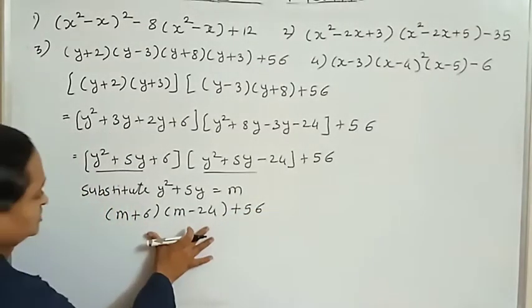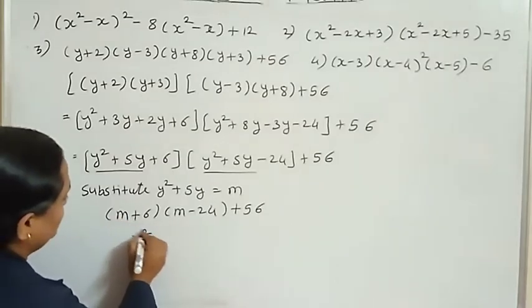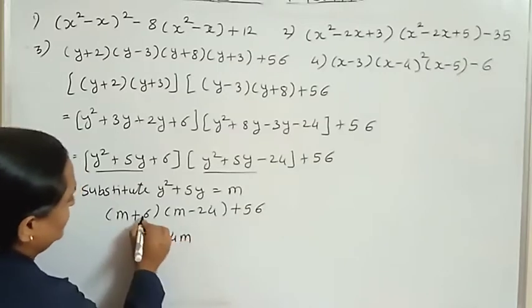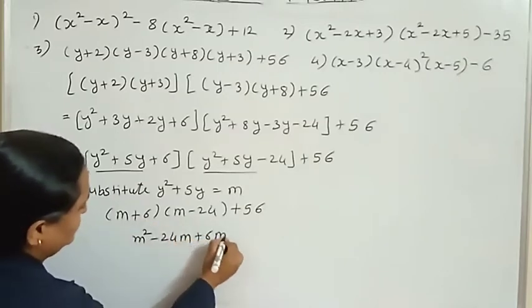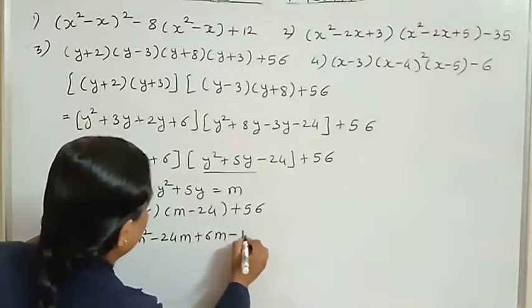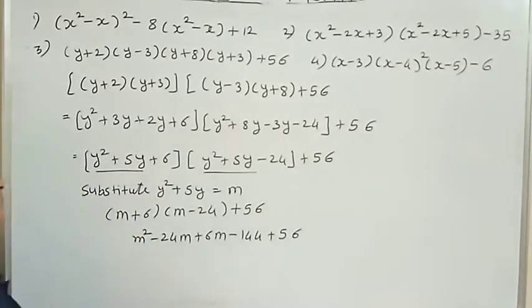Now again we will do the multiplication there. M into m, m square, m into minus 24, minus 24m, 6 into m, 6m. Now 24 times 6, that answer is minus 144, plus 56.